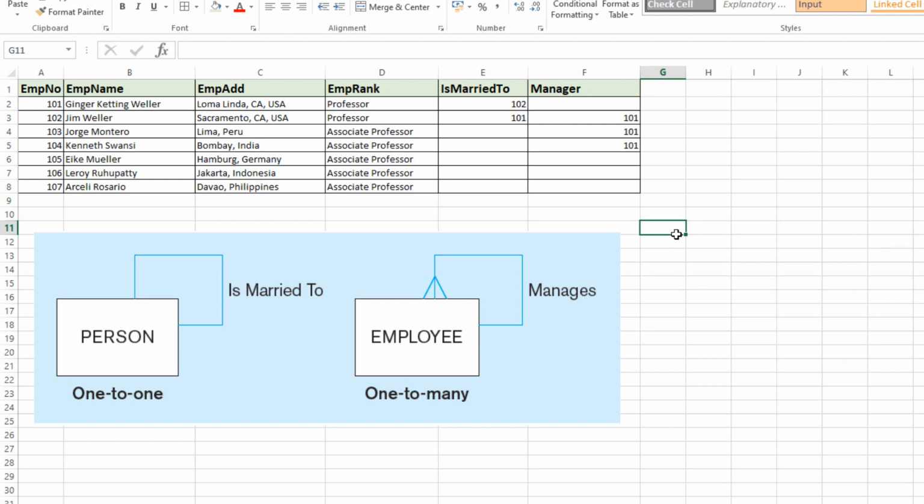That is exactly what happens here. That is, employee 101 manages 3 other employees, and they are employee 103, 104, and 102. So that is a representation of one-to-many relationship, which is represented by the crow's feet end of the line.